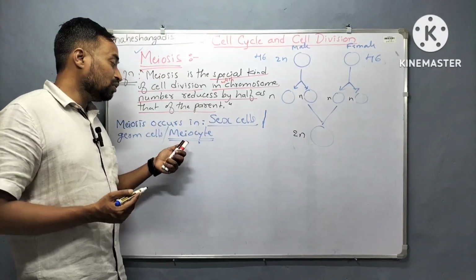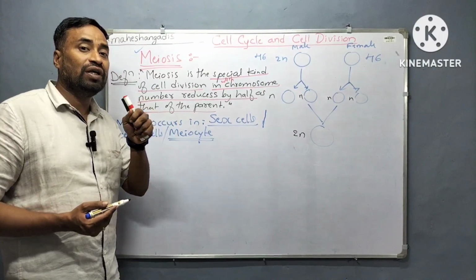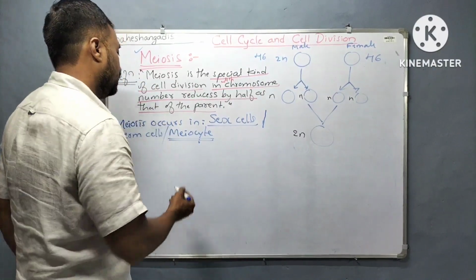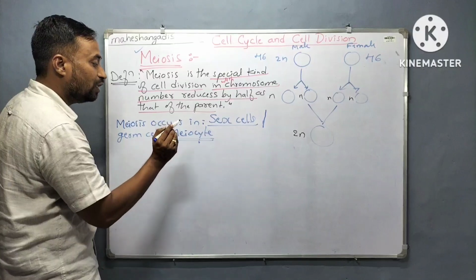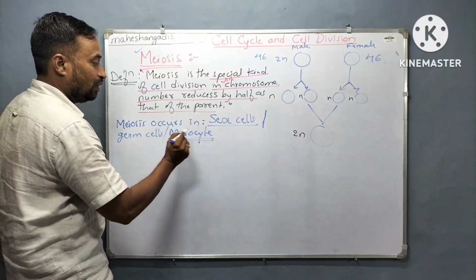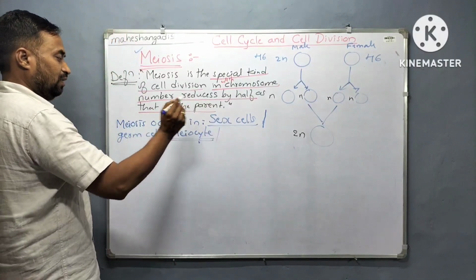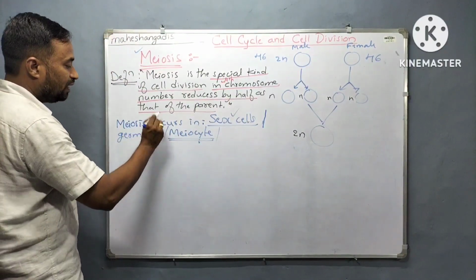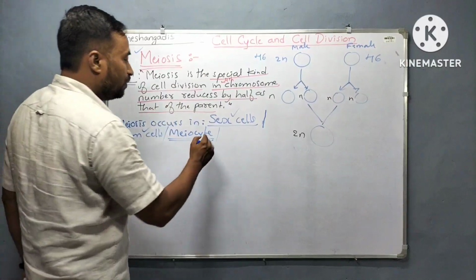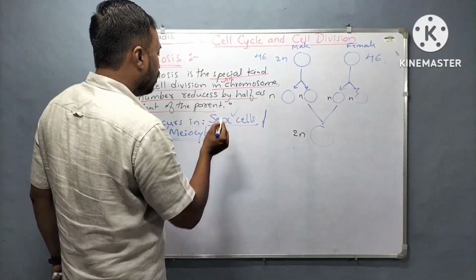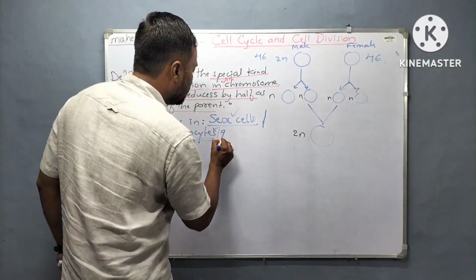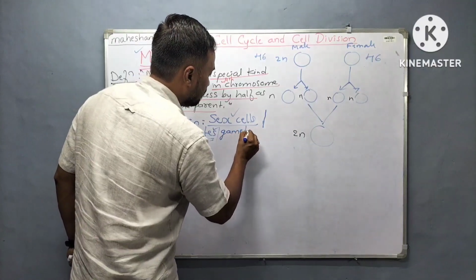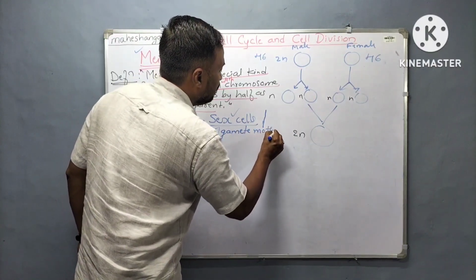See here, meiocytes are the cells which undergo meiosis. So meiosis occurs in sex cells, or germ cells, or meiocytes, or even we can say gamete mother cells.